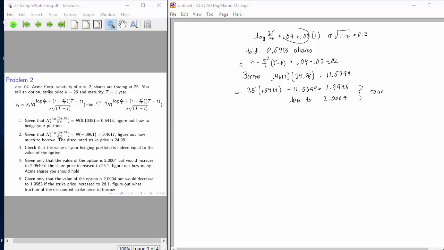The difference between these is just due to round-off errors. And on the computer, when I do this in R, I don't round to 4 digits, and they come out exactly the same.